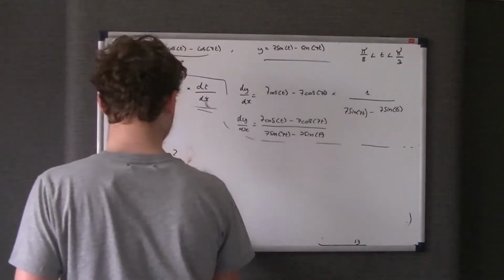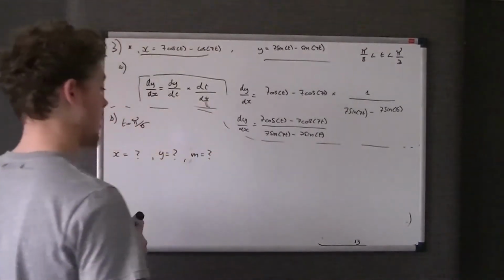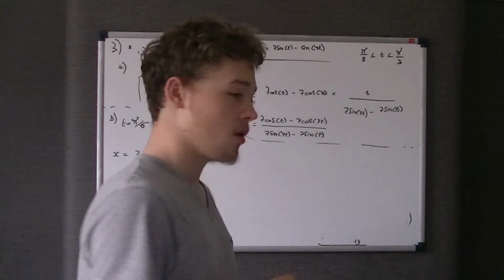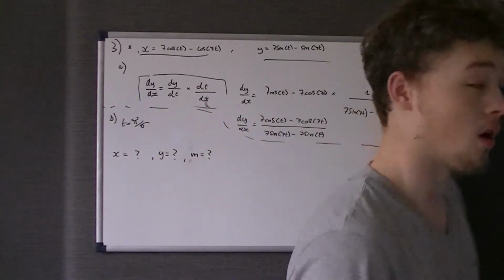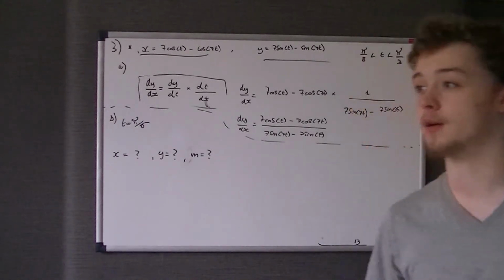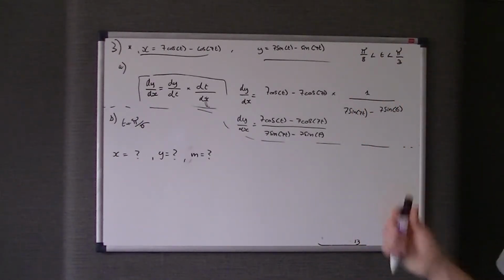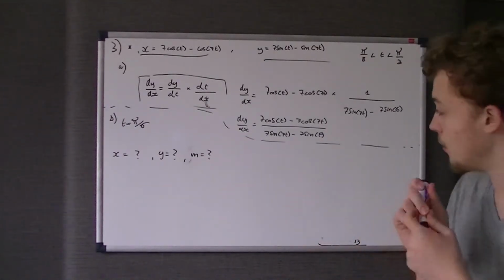So we could put all these into the gradient equation, or the equation of a line, and work it out as so. But the gradient of a normal is the negative reciprocal of the gradient of the curve at that point. So there are a number of ways you can go about using this information.